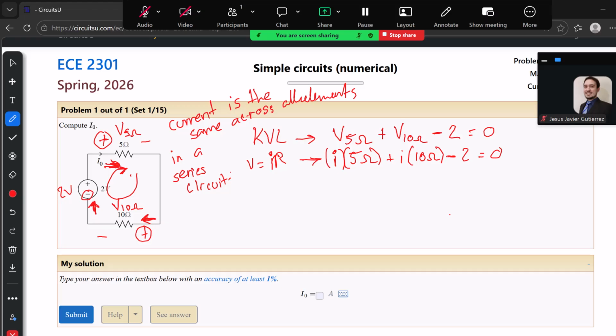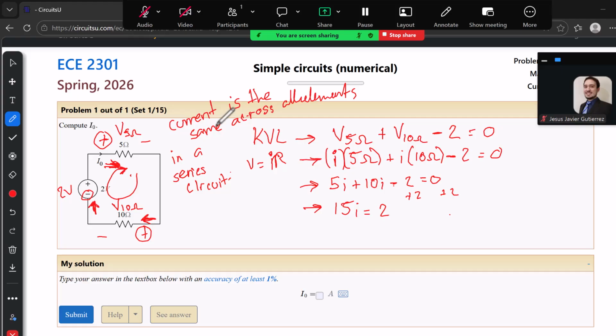Now we can simplify things a little bit. I like to put the numbers first, so 5I plus 10I minus 2 equals 0. Now we can solve for I. We can group the 5 and the 10 to be 15I, and then move the minus 2 to the other side by adding 2 on both sides. So 15I equals 2.